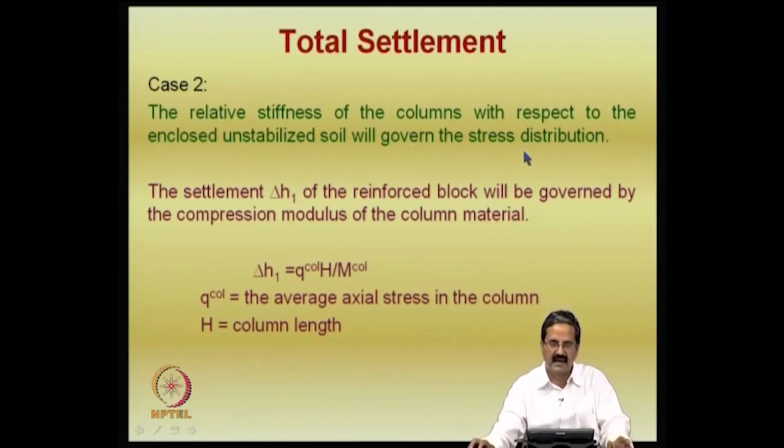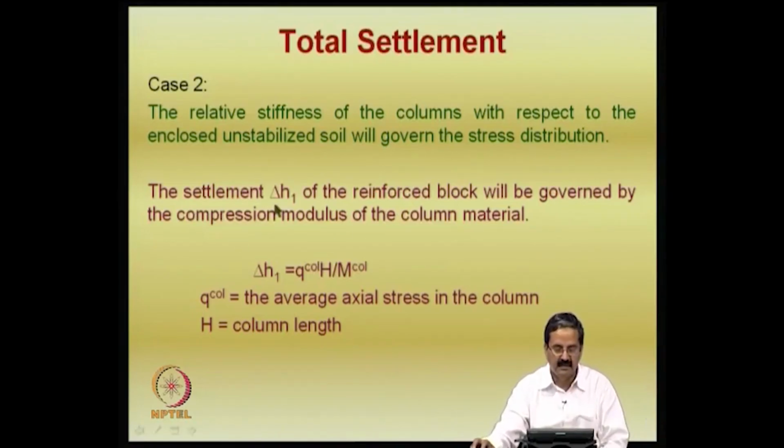The difference is that in the previous case the loads are so high that they go to plastic limit conditions. Here, loads being lower, we use an elastic stress distribution, where the loads are shared, and the concept of M comes into the picture.